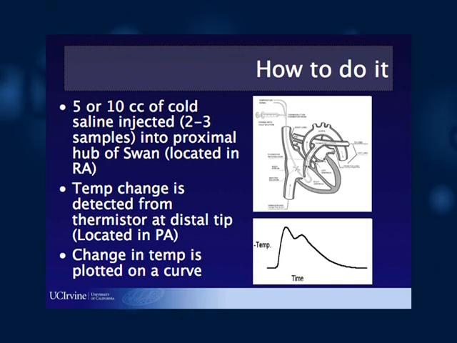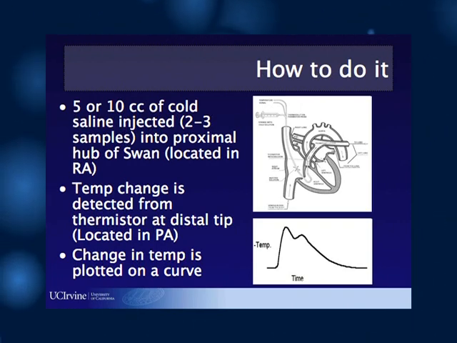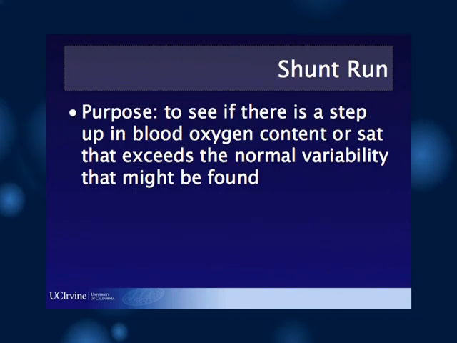This is plotted in a curve, and the computer generates the cardiac output from this injection. The amount of saline injected each time should be the same, and it should be injected as rapidly as a bolus as possible. And this should then yield several values which can be averaged together to produce the final cardiac output measurement.